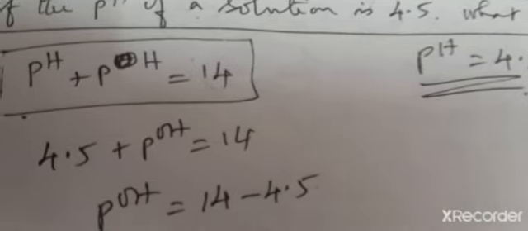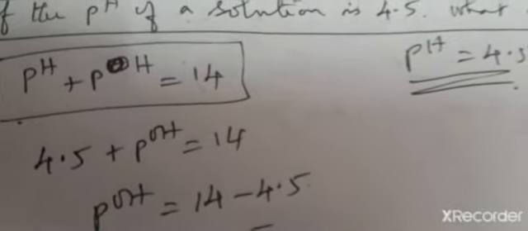Then you have to write pOH, which is equal to 14 minus 4.5, that is equal to 9.5. So pOH is equal to 9.5.